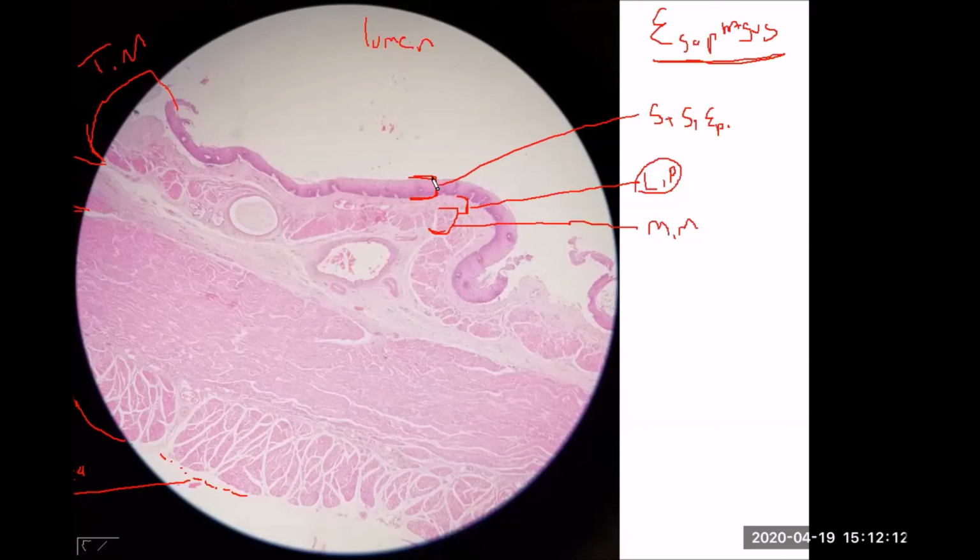So now that we have all three of these pointed out, all three of these sublayers together make the tunica mucosa. So we're starting with the epithelial tissue, the lamina propria, the muscularis mucosae, and together that makes the tunica mucosa.